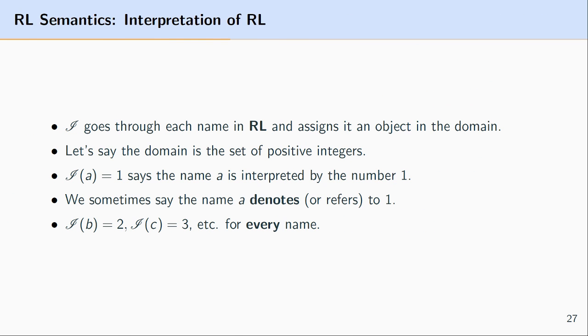One thing worth pointing out here is that while every name is interpreted, it's not necessary that if a name designates or denotes a specific object, that object in the domain cannot be designated or denoted by another name. So it's helpful to think of this intuitively.